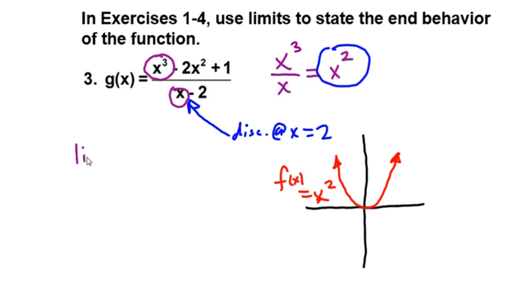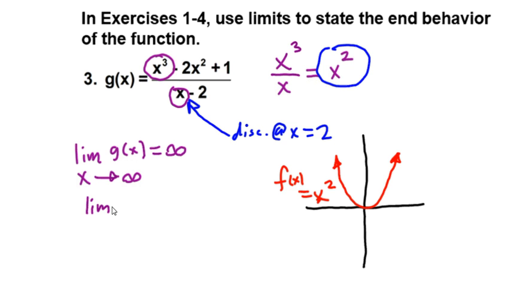The limit as x approaches infinity of g of x, it gave us a g instead of an f here, as we go toward the right, toward positive infinity, f of x goes toward positive infinity.